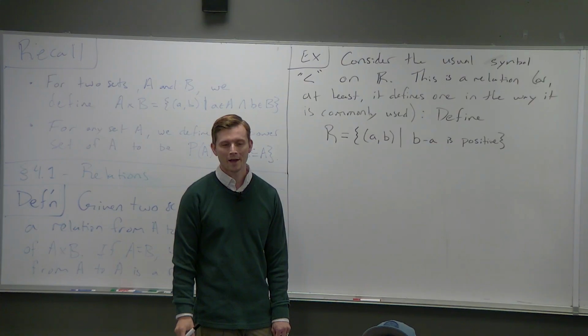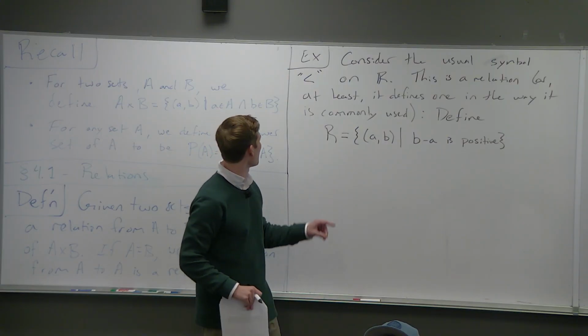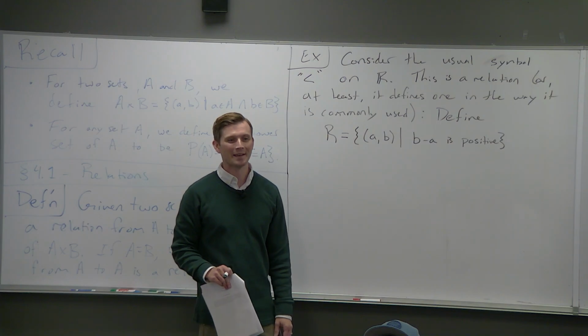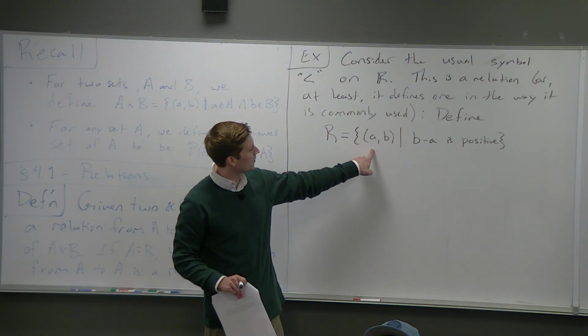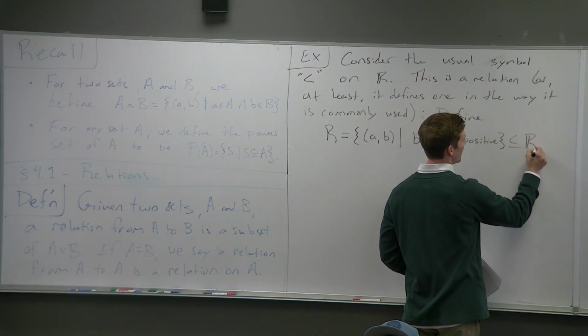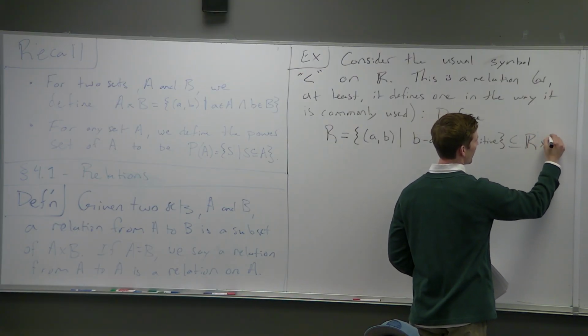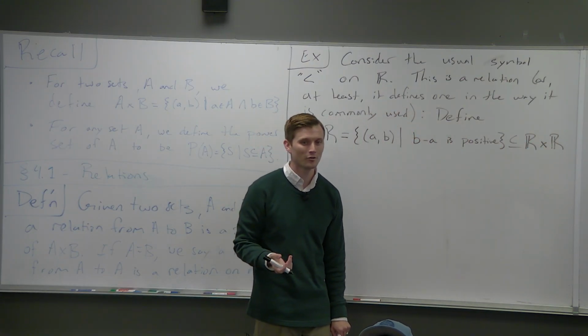I'm writing it as b minus a is positive, when really I could write b minus a greater than 0. But that would be sort of using this symbol yet again. That is, this subset of the reals, or I guess of the product R cross R, which people also like to write as R squared for obvious reasons.